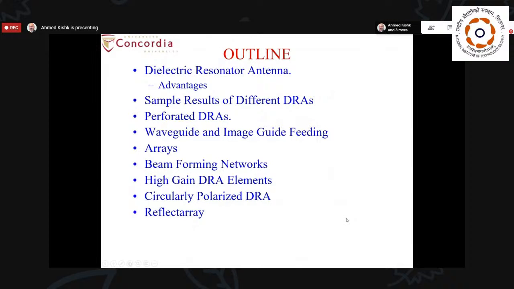I will present some sample results of different dielectric resonators and perforated dielectric resonators, waveguide and image guide feeding. This one, I will leave to the end, and if there is time, we can talk about it. And we'll talk about arrays, beamforming networks, high gain DRA antennas, circularly polarized, and the reflector array.